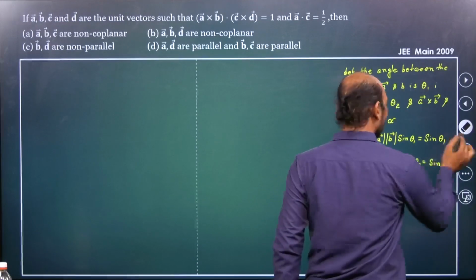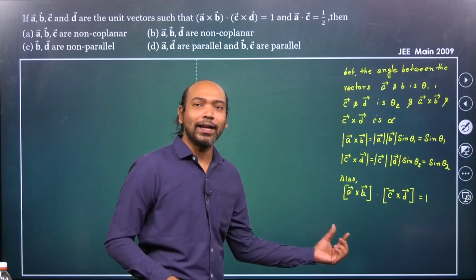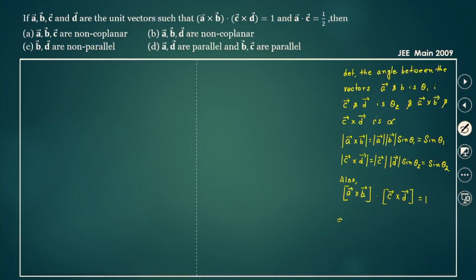This is the dot product, so we can apply the definition of dot product. The definition says mod of A cross B multiplied by mod of C cross D and cos of the angle between them, that's alpha, is equal to 1.